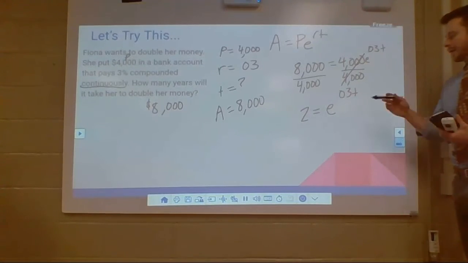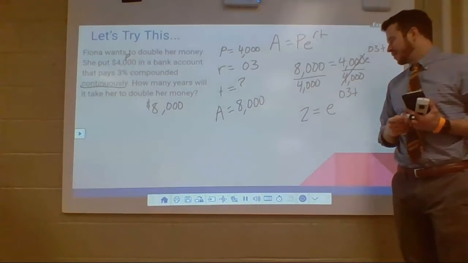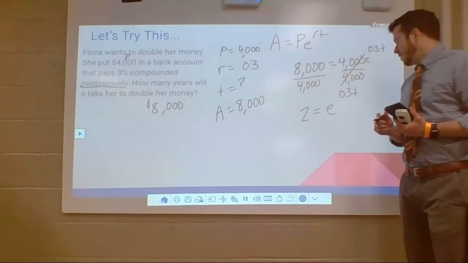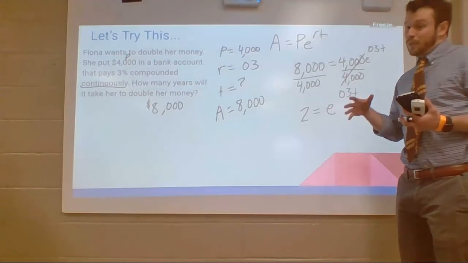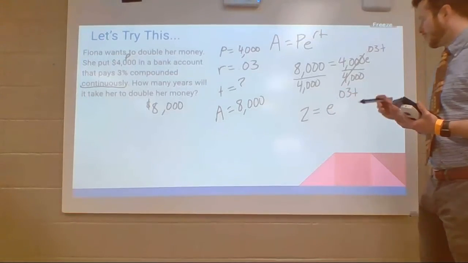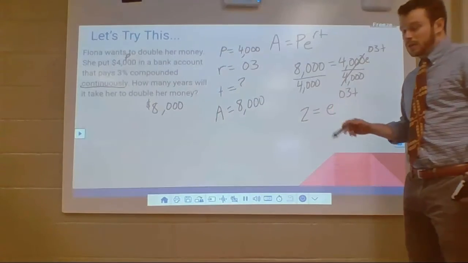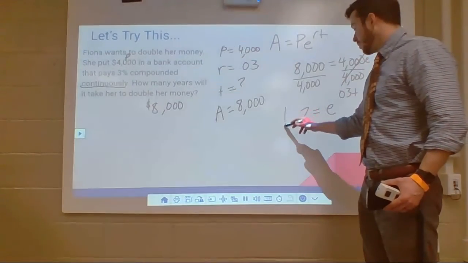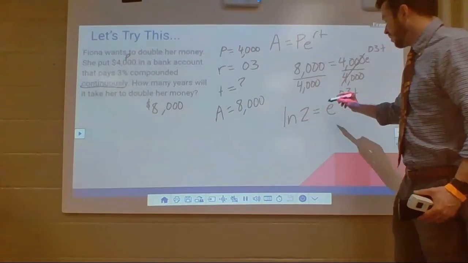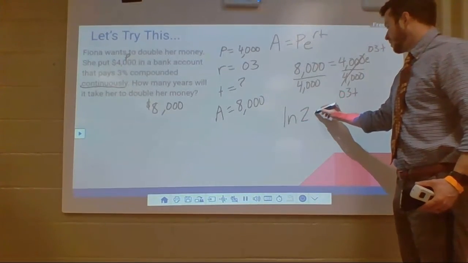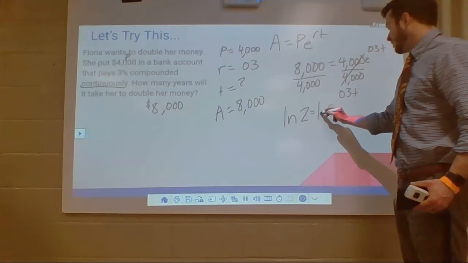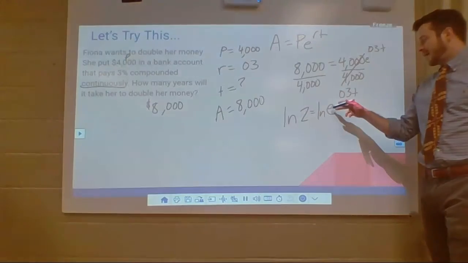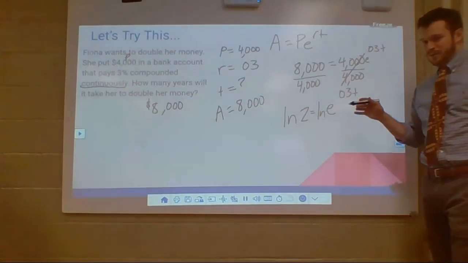All right. Now, here's the thing. We're trying to get rid of everything but t. We're trying to isolate t. So, how can we get rid of e? Well, remember, we're going to take the natural log of both sides. We're going to say ln of 2 equals ln e to the 0.03 t, because the natural log and the natural base are inverses, right?